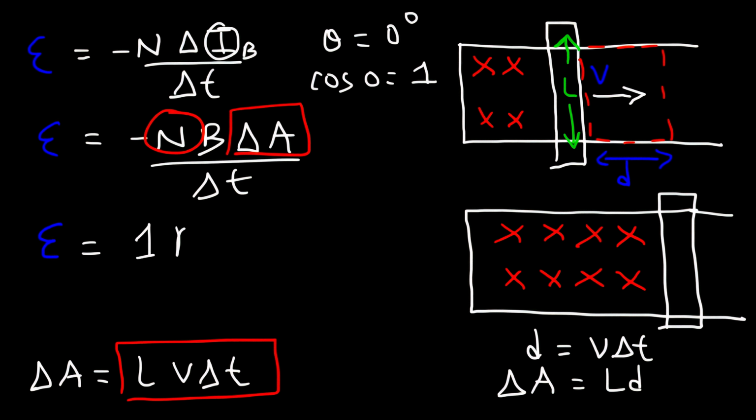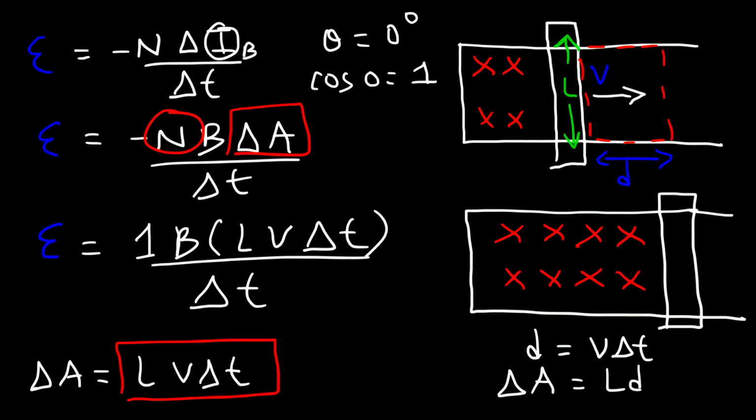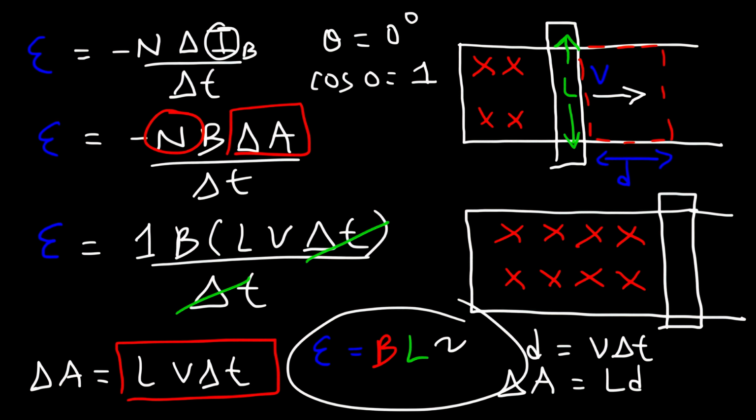So it's going to be 1 times B, and delta A is L V delta t, divided by delta t. And so we can cancel the change in time. So therefore, the induced EMF is equal to the strength of the magnetic field, B, times the length of the moving rod, L, times the speed of the moving rod, V. So it's BLV. Now, it turns out that there's another way in which we could derive that same equation.